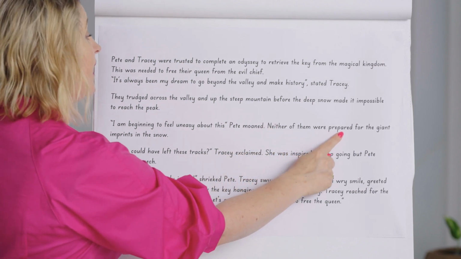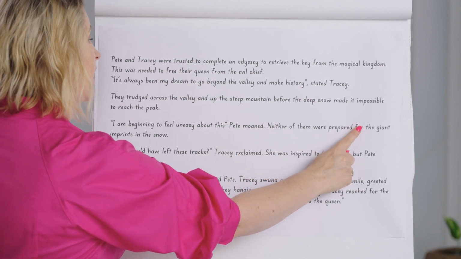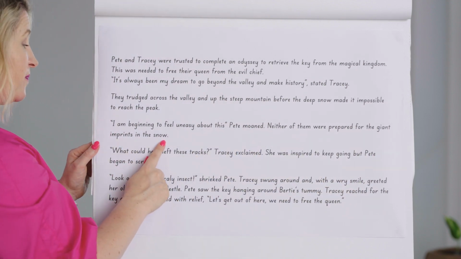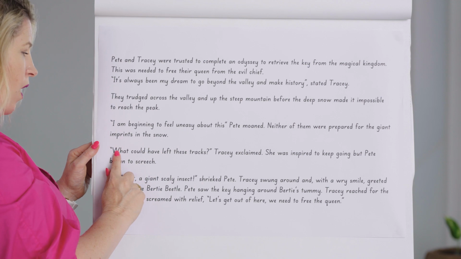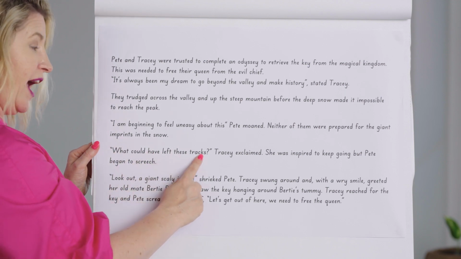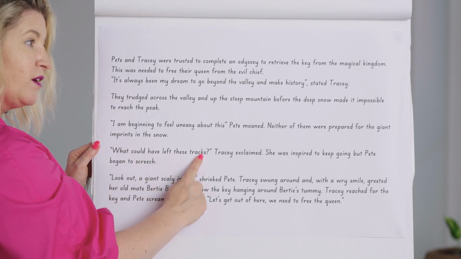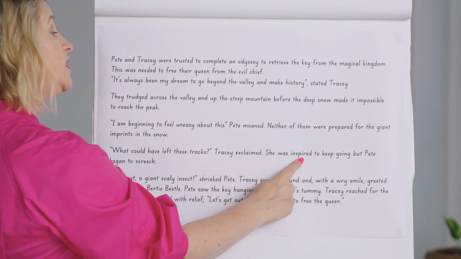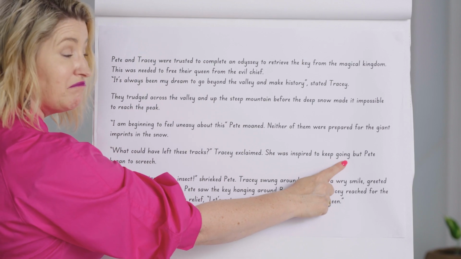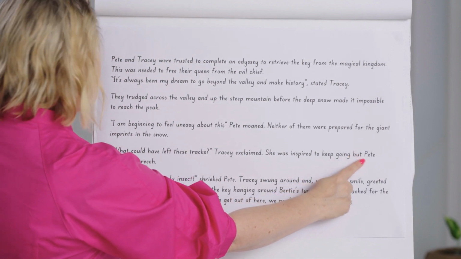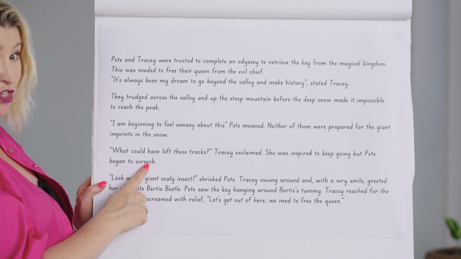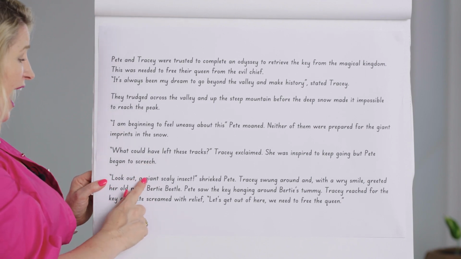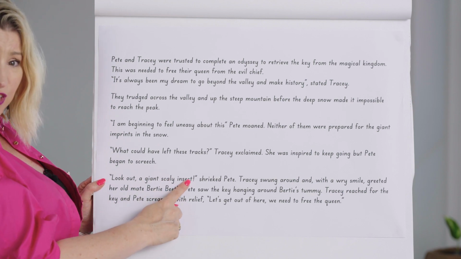Neither of them were prepared for the giant imprints in the snow. What could have left these tracks? Tracy exclaimed. She was inspired to keep going. But Pete began to screech. Look out! A giant scaly insect! Shrieked Pete.